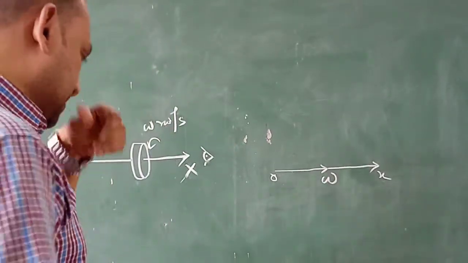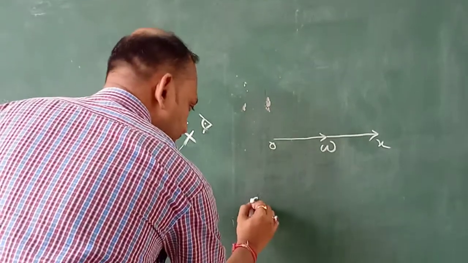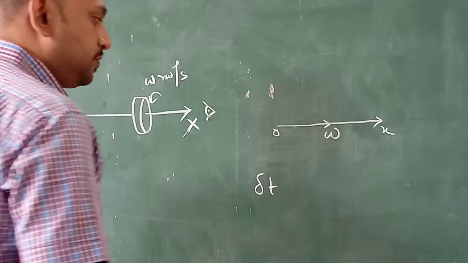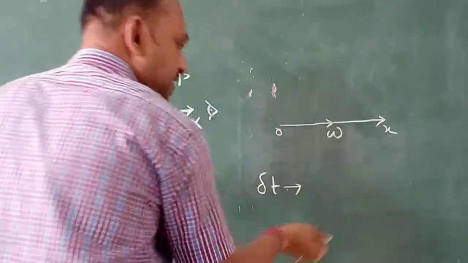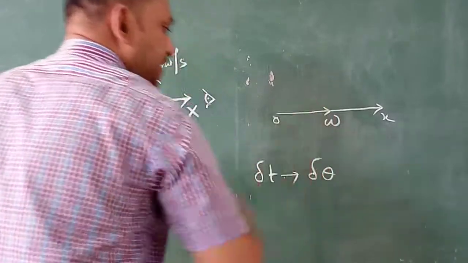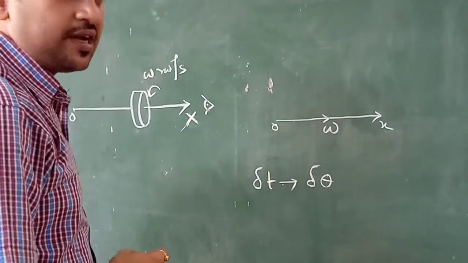Now let us consider that within a differential period of time del t, this vector is changing its position and taking a new position, thereby traversing an angle del theta.